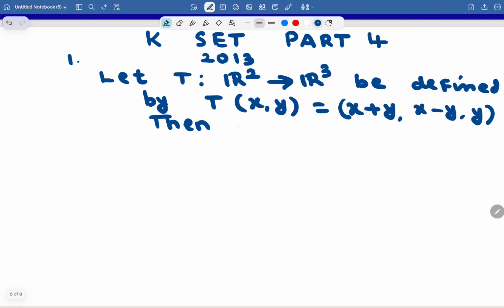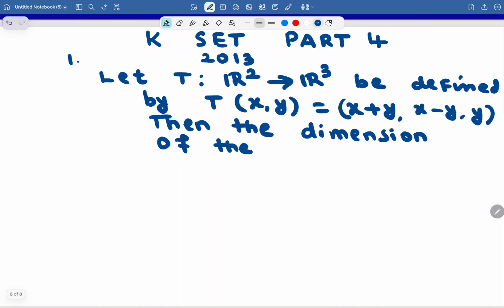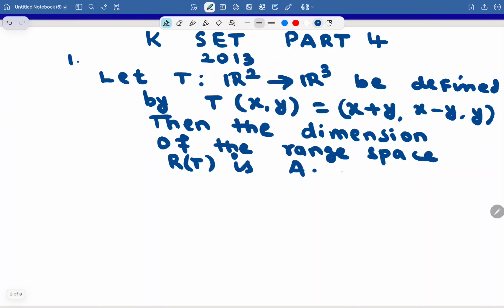Then the dimension of the range space R of T is: option A 0, option B 1, option C 2, option D 3.